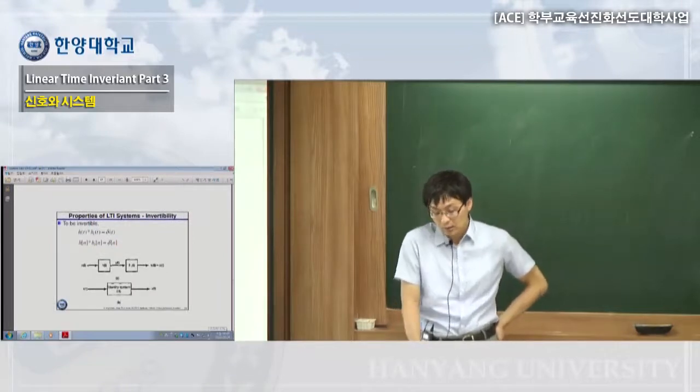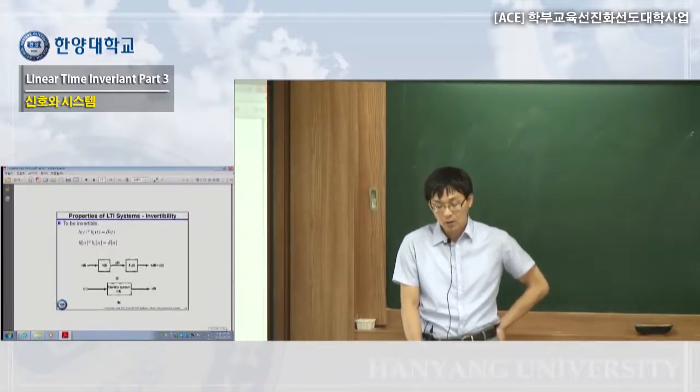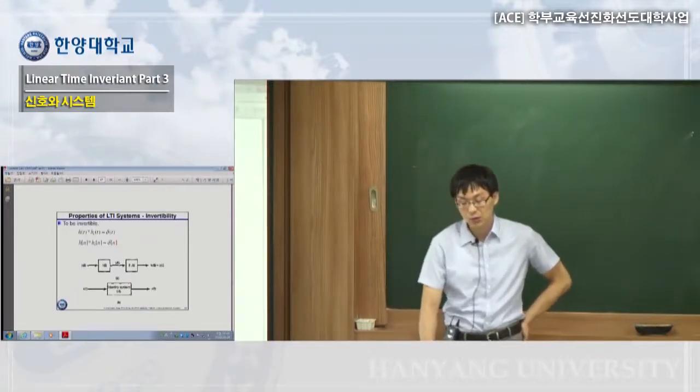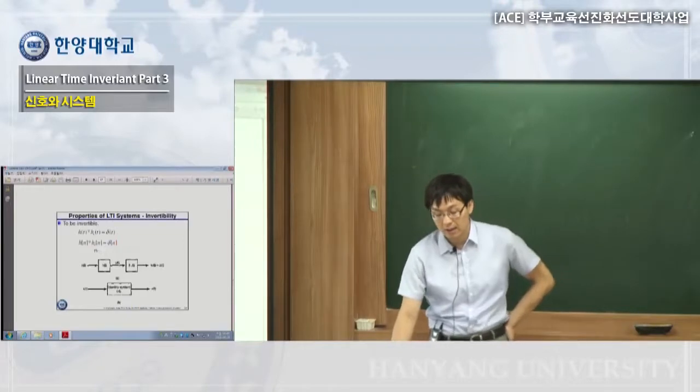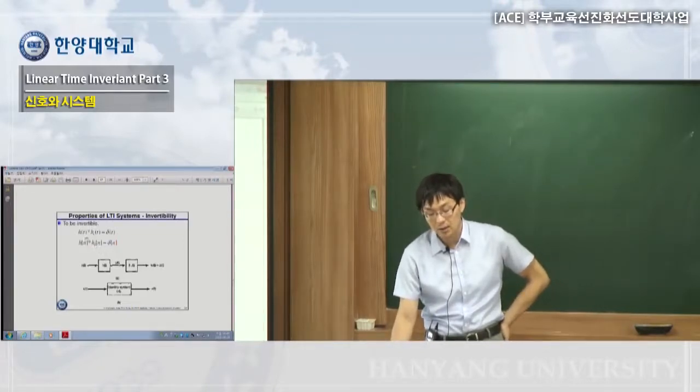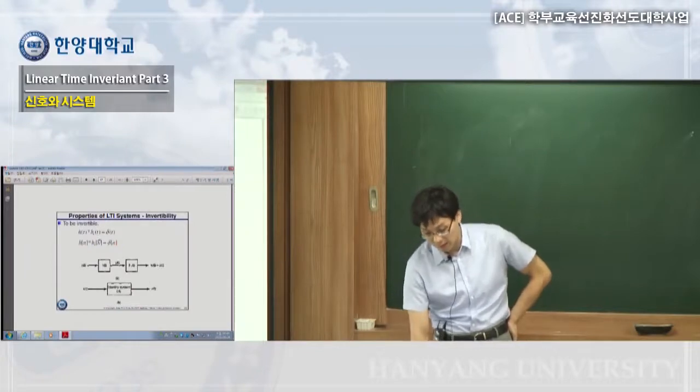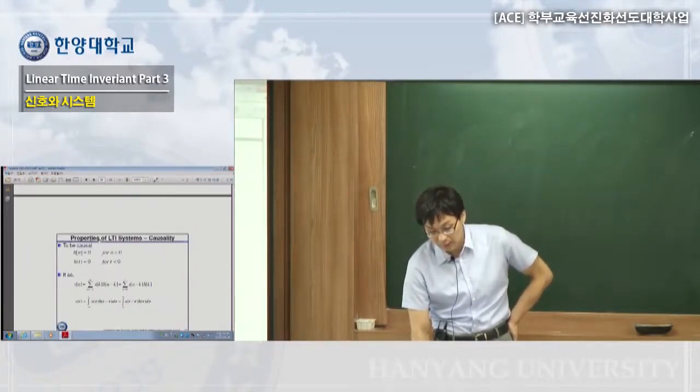For a linear time invariant system to be invertible, we have to find a special function h1 whose convolution with h gives delta. We did a derivation for it before.